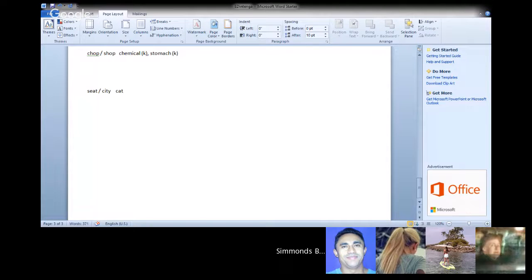Worcestershire. Can you divide it into syllables? 1, 2, 3, 4. Yes. Worcestershire. Worcestershire. Worcestershire. Good.